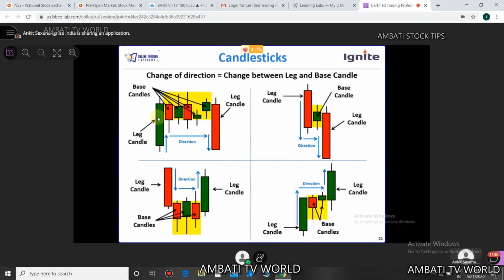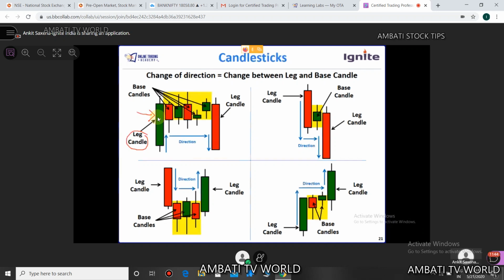Now, this is a leg candle here. This is a green candle. How is the body of this green candle, guys? Huge, right? It's a big candle.